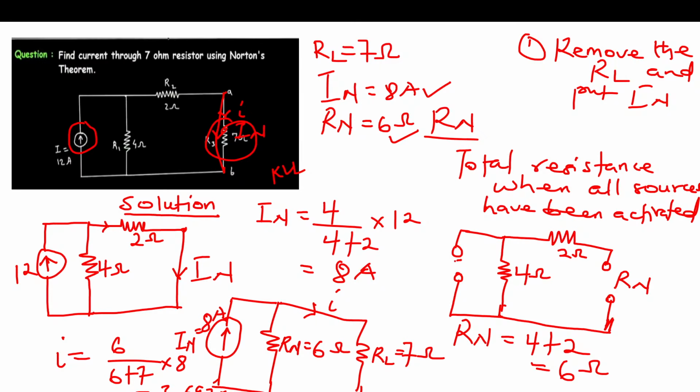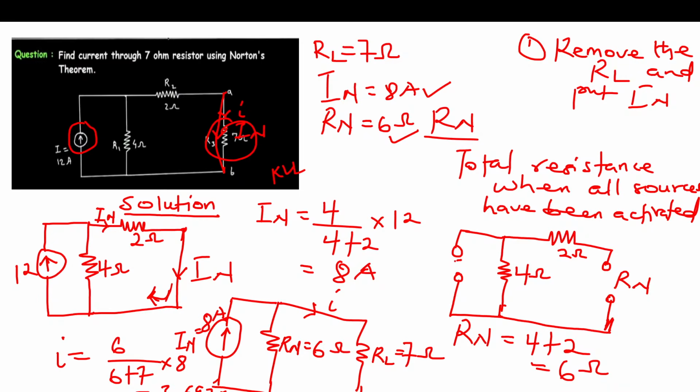Now looking at the circuit, IN is the same as the current here because it's coming from here, passing down here. I hope you get it. So how do we find IN? Looking at this, we can use current division. Since IN is the current passing through this branch, in current division we consider the other resistor.